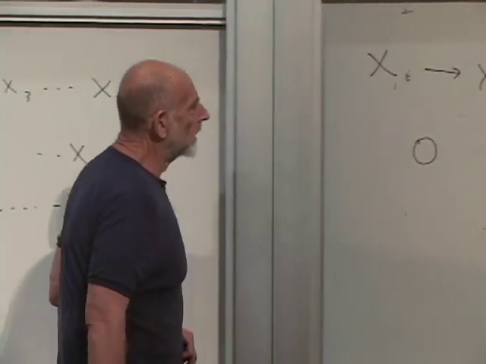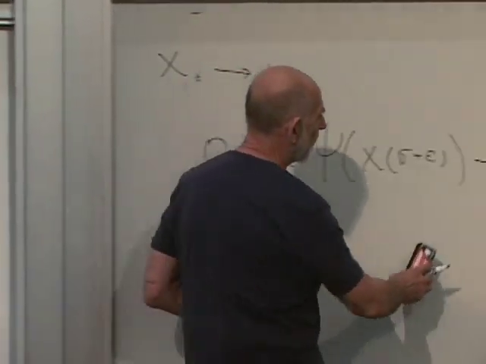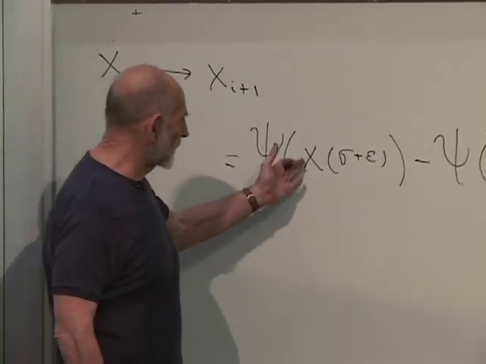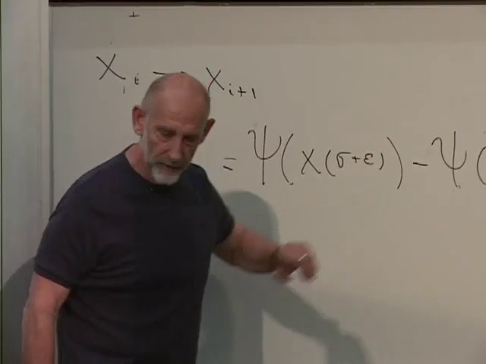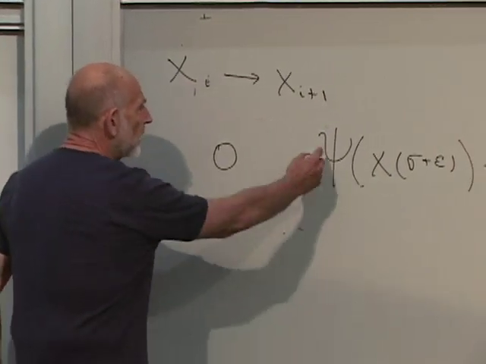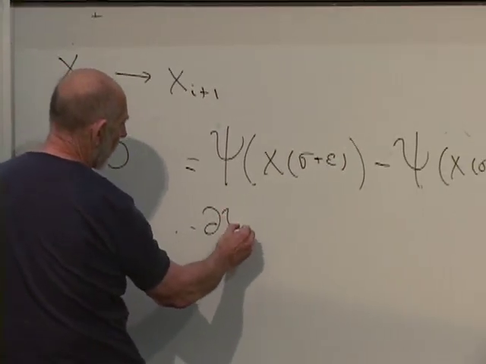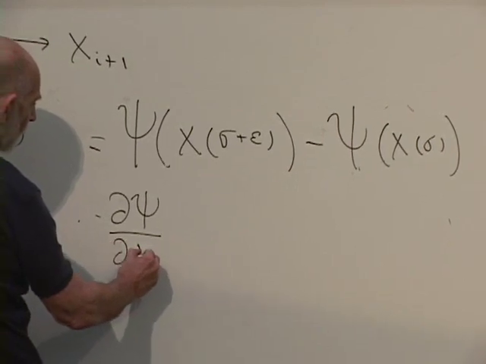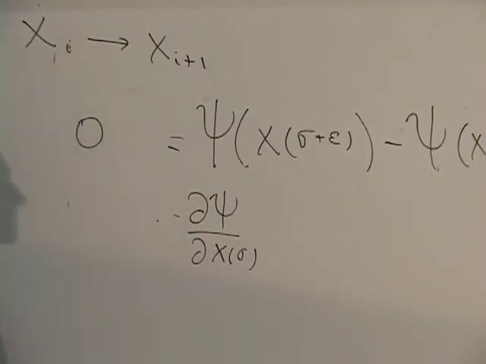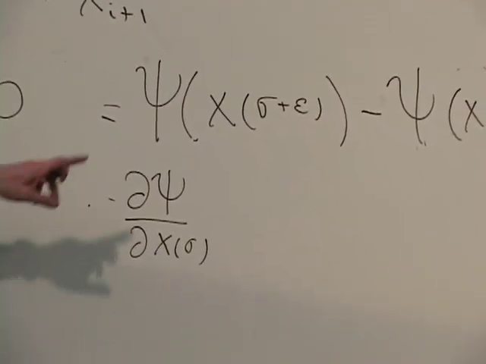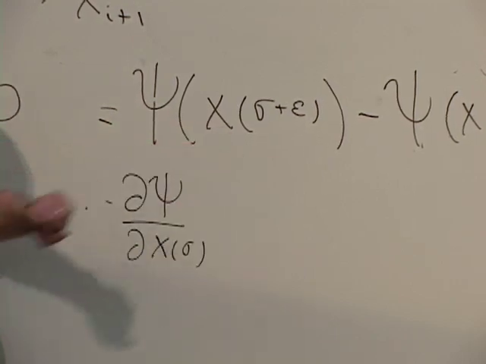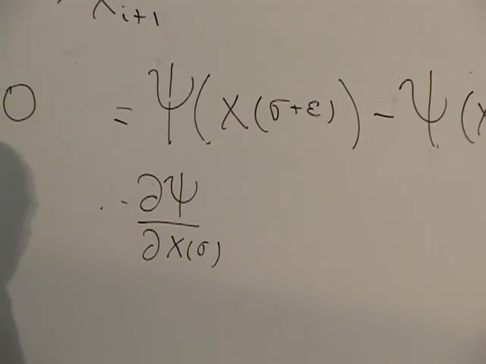All right, let's work it out. What we've done here is taken a function of a variable. It's actually a functional of a continuous set of things, but let's just treat it as a function. How do we calculate what's going on here? We write that this is the small change in psi when you change x at point sigma, times the change in x.